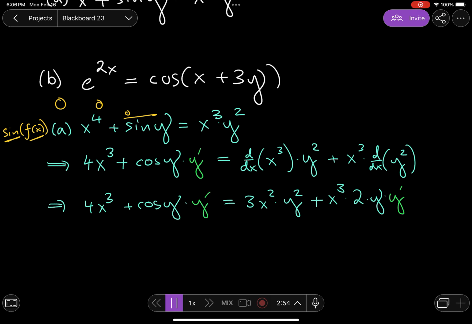So what I'm going to do is subtract this from both sides of my equation and subtract this from both sides of my equation. This is basic algebra.